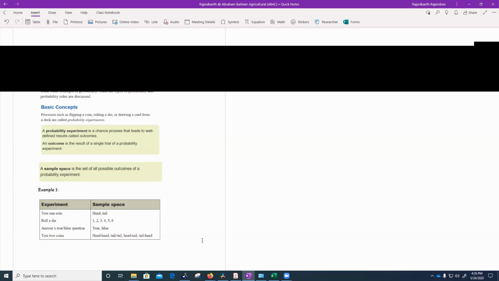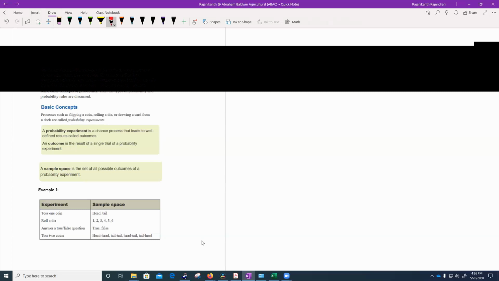So let's look at two concepts. The first one, the basic concept of probability, is the probability experiment. A probability experiment is a chance process that leads to well-defined outcomes.